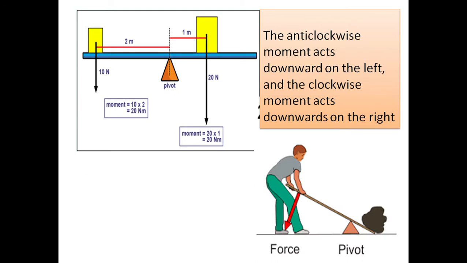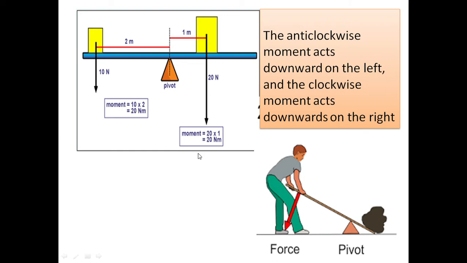Another example is given here. Again, a bar is balanced on a pivot. The weight is 10 Newton. Perpendicular distance is 2 meters. Right side, the weight is 20 Newton. Perpendicular distance is 1 meter.